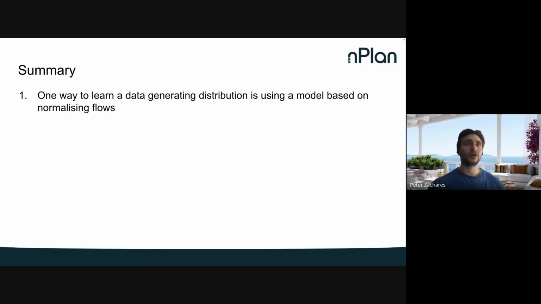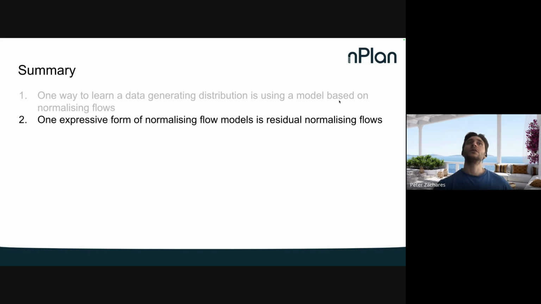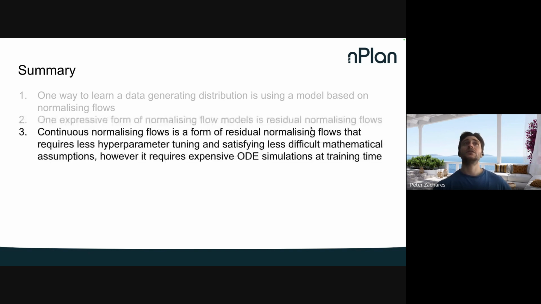So a quick summary, as I'm cognizant of time. The whole tutorial is: one way to learn a data generating distribution is using a model based on normalizing flows. One expressive form of normalizing flow models is residual normalizing flows. Continuous normalizing flows are a form of residual normalizing flows that require less hyperparameter tuning and satisfying less difficult mathematical assumptions.